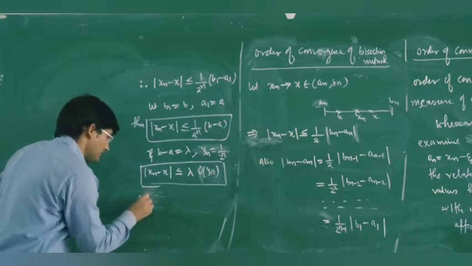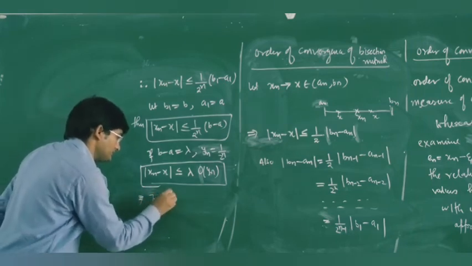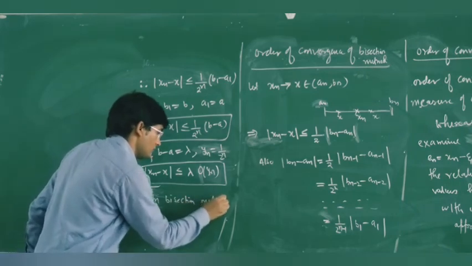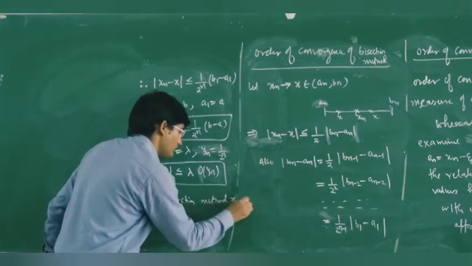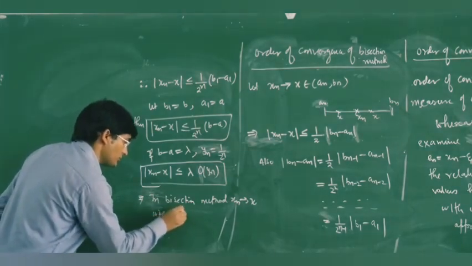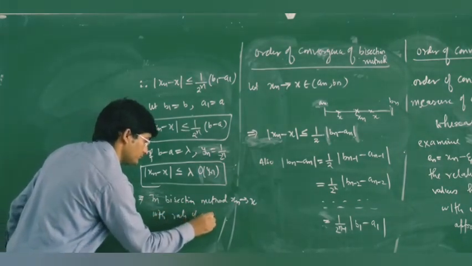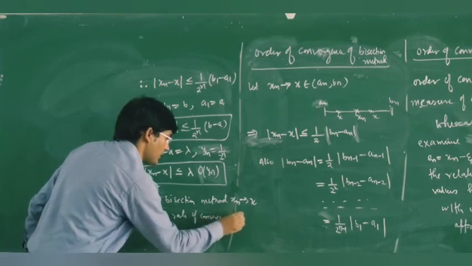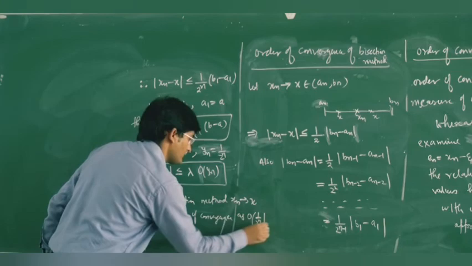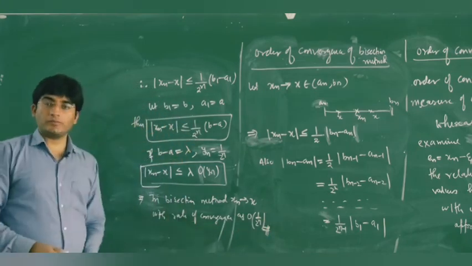So this implies that in the bisection method, xn converges to x with rate of convergence at order of 1 by 2 power n. So this is your rate of convergence.